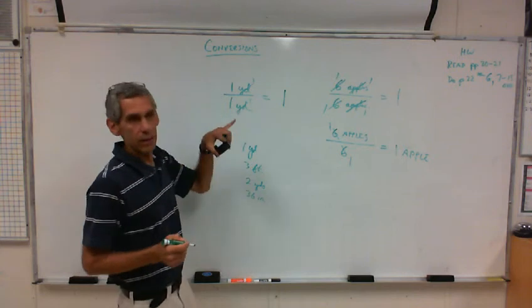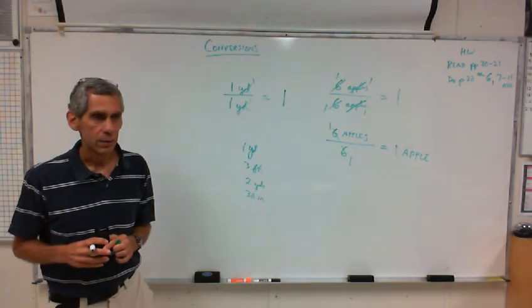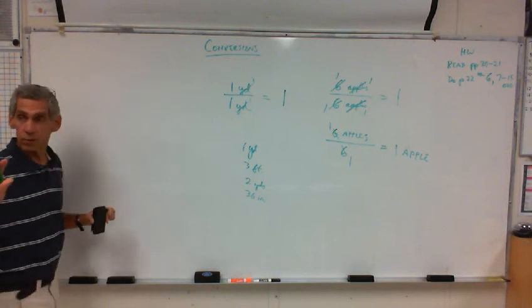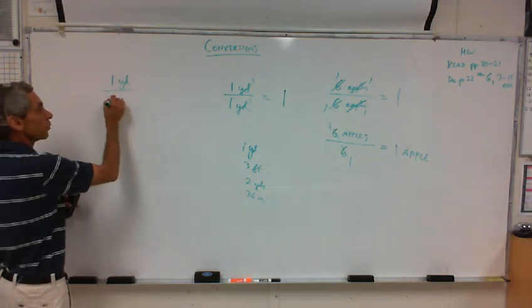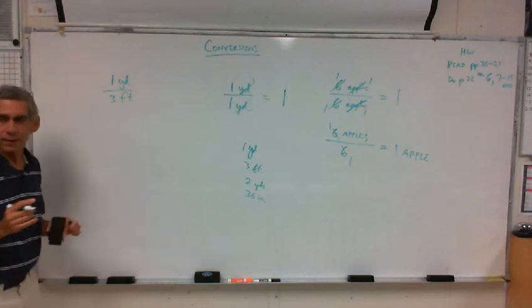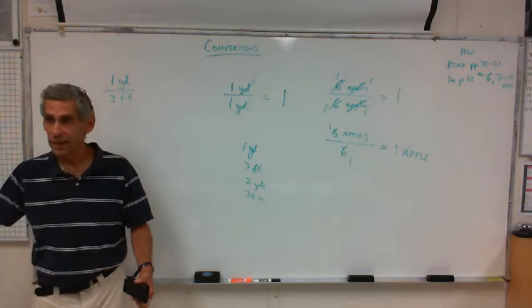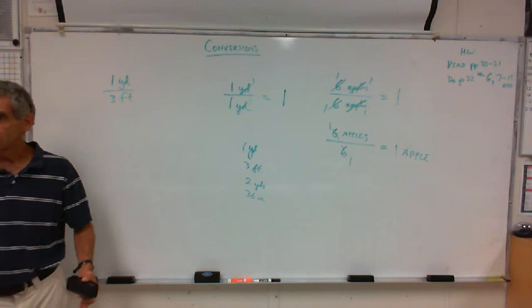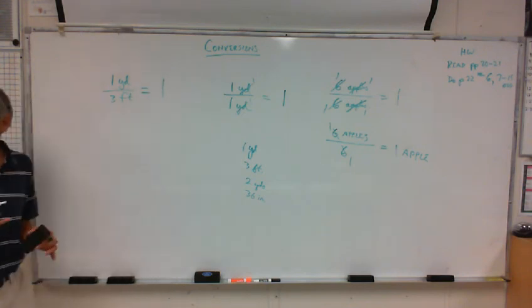Is there another way to write 1 yard? 3 feet. All right, hear me out. 1 yard over 3 feet. Would you guys agree with me that is the same thing? Yes. Because 3 feet is the same as 1 yard. So really, technically, that equals 1.